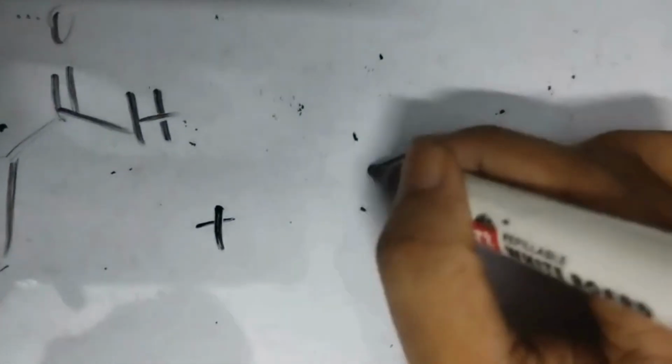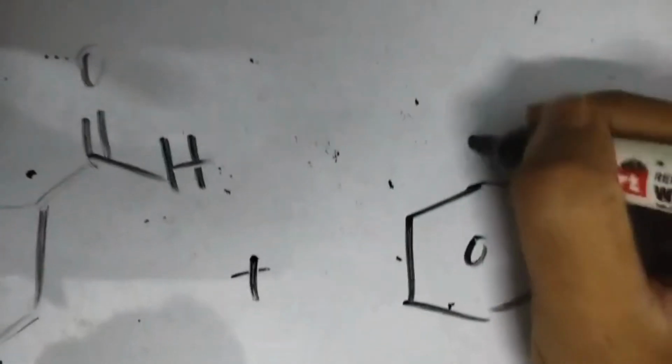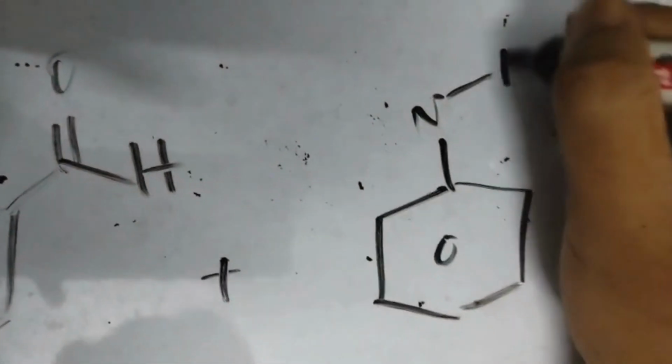Now, in the second part, it says that when R is reacted with U, it forms a colored crystalline product Z. So R was our benzaldehyde, and the product U that was formed was, if you remember, 2,4-dinitrophenylhydrazine.